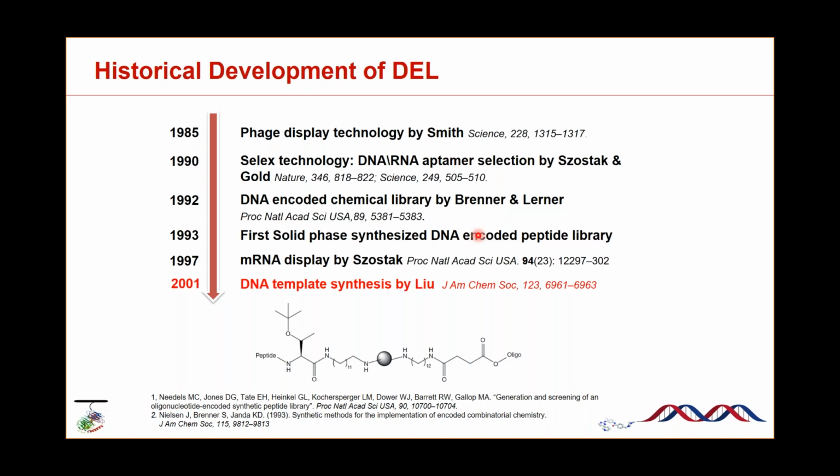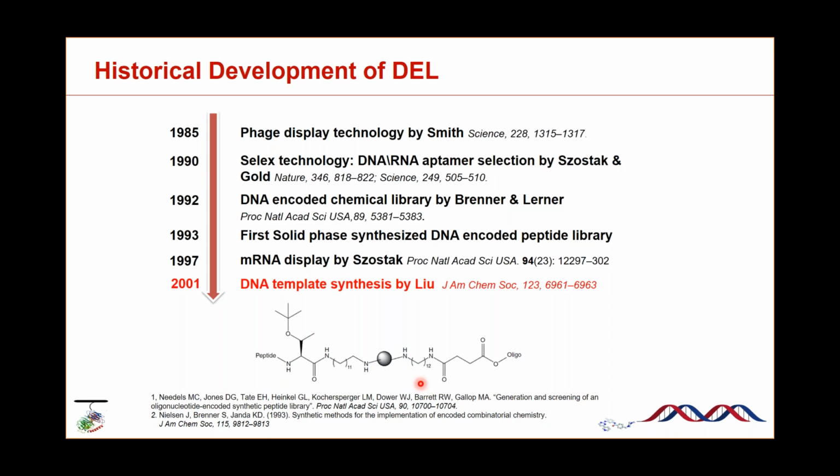They brought this concept up in 1992, and in 1993 they had already done some work. There were two groups, one at Affymax and another, Professor Brenner's group and Lerner's group at Scripps. They demonstrated that they could use beads to synthesize tetramer peptides, and they achieved the full concept on this.